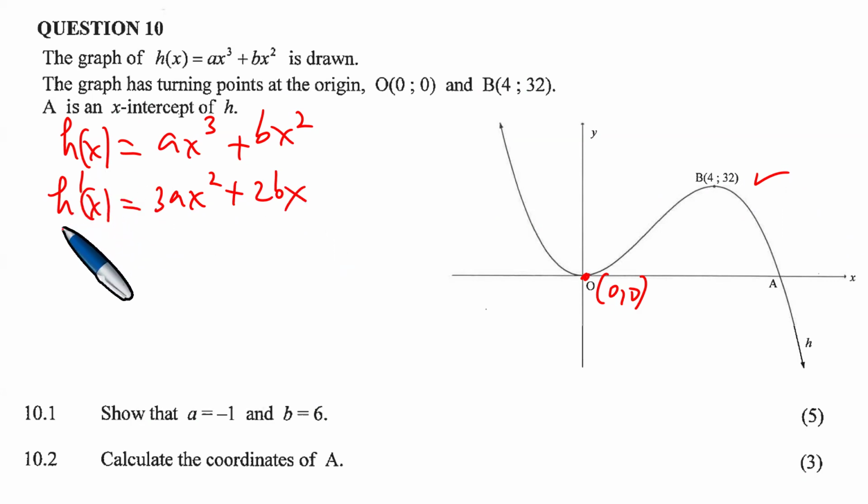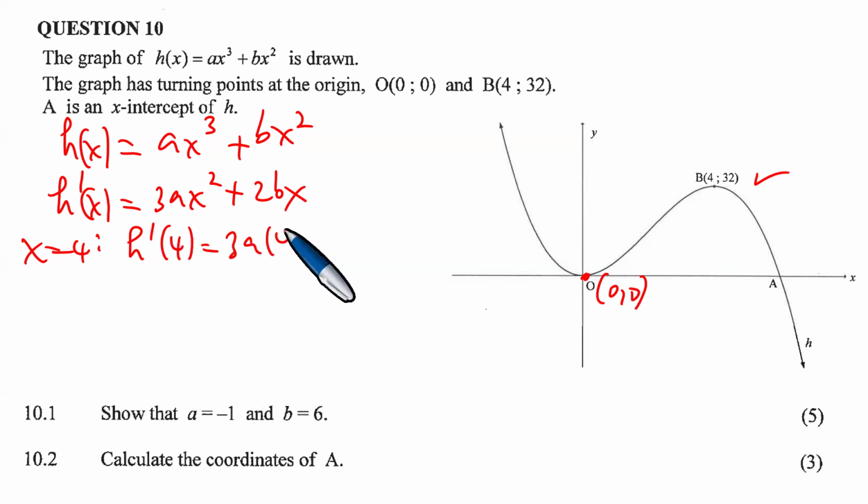Okay, so, right, obviously this point is x equals 4, which means h primed at 4 equals 3a times 4 squared plus 2b times 4. Okay. We have this derivative, but we know very well that this derivative is equal to 0 at 4.